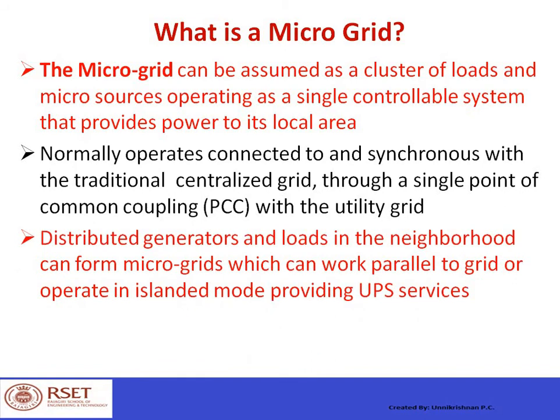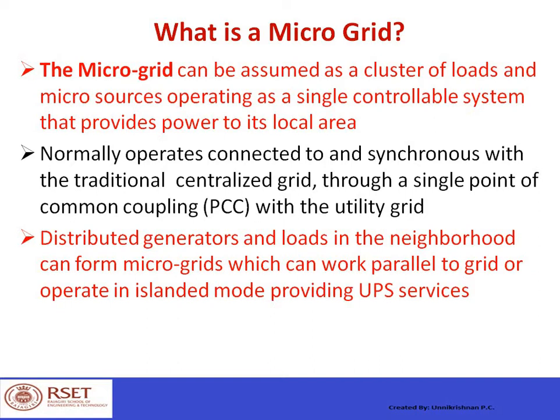Distributed generators and load in the neighborhood can form microgrids which can work parallel to the grid or operate in islanded mode providing UPS services. So a microgrid can be connected with the grid or it can work independently. When it is working independently, it is something like providing uninterruptible power services, and we call it islanded mode.